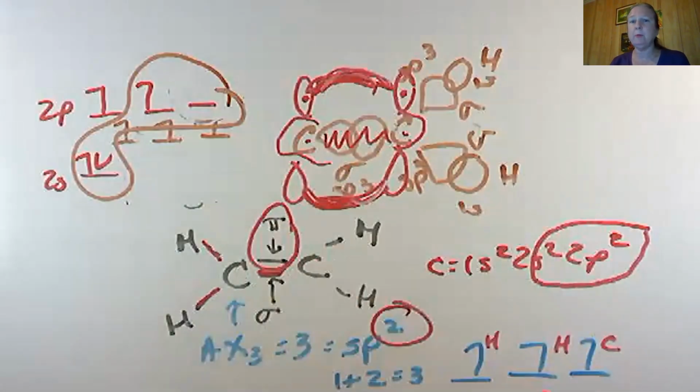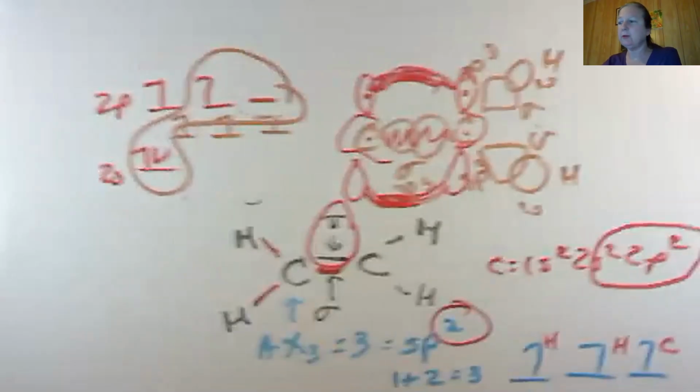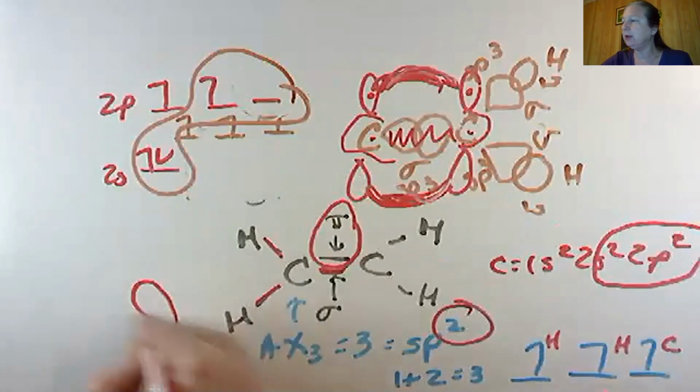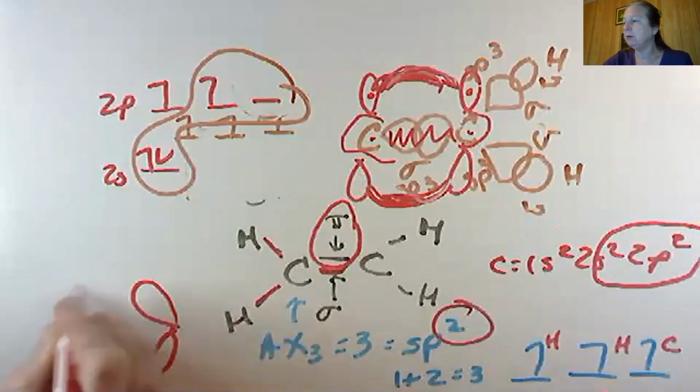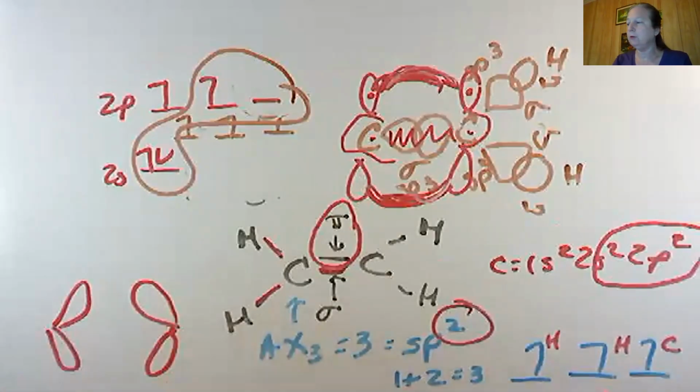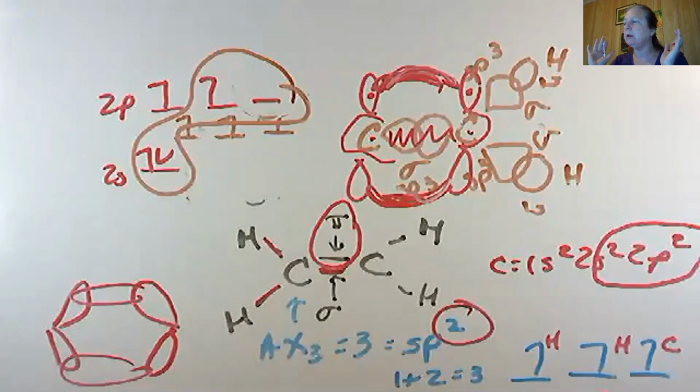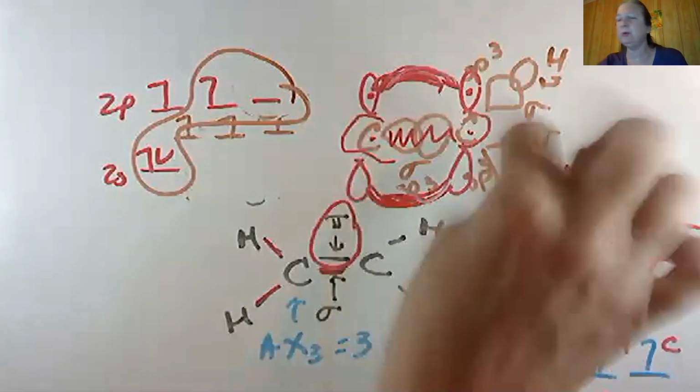Now, one thing very important, these p orbitals do not bend toward each other. They do not do this, okay, to do the overlap. They do not overlap by touching. They overlap by being parallel, and that enables the sharing to occur.